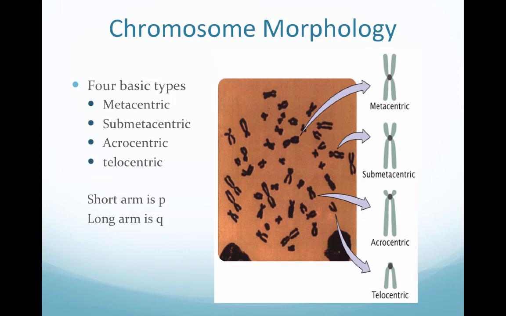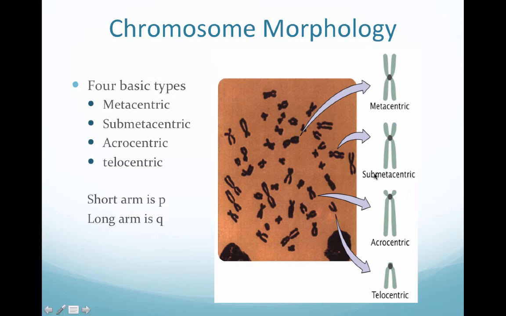The chromosome can then be split up into 4 basic types of morphology. So the one that we're used to looking at is the metacentric morphology. That's where the centromere is going to be right in the center of the chromosome. However, that centromere could be located more towards one end of the chromosome compared to the other. That configuration is submetacentric.